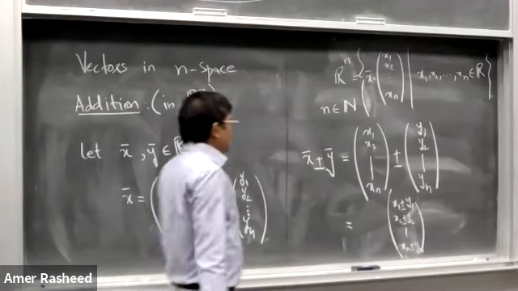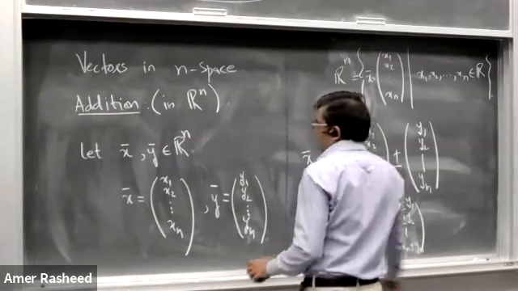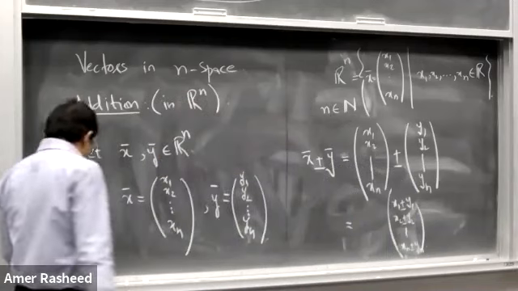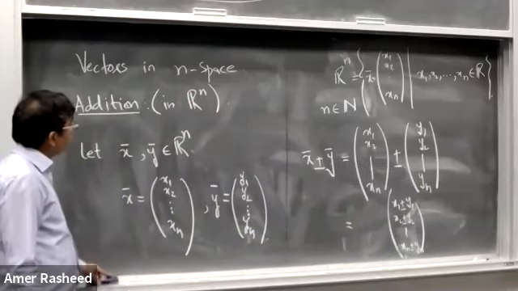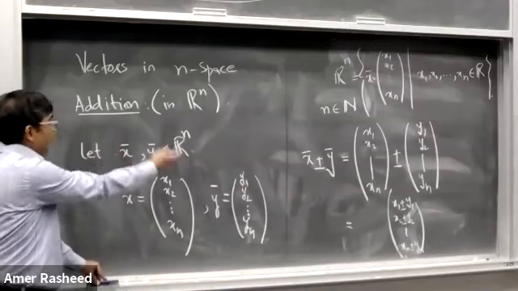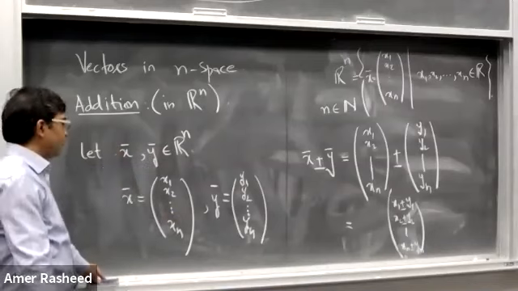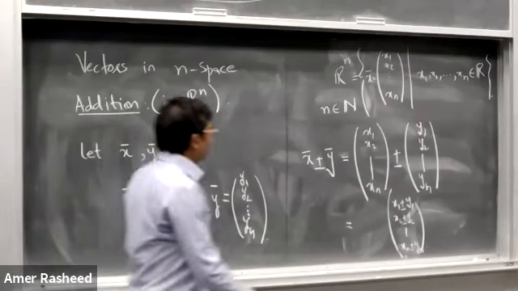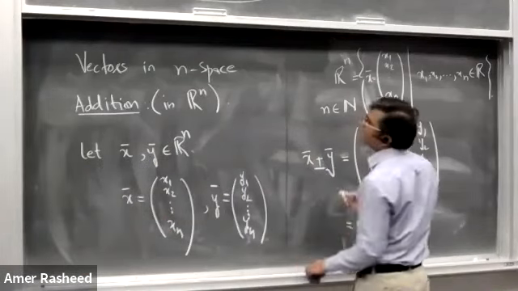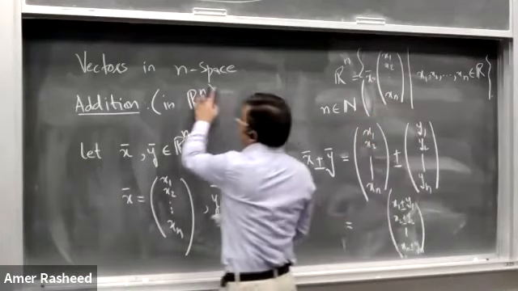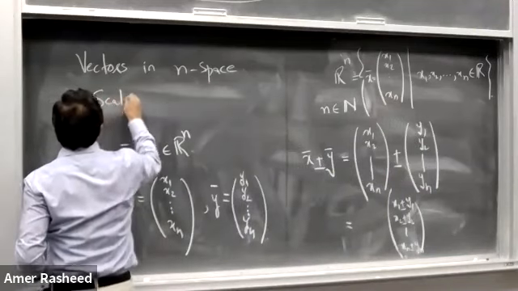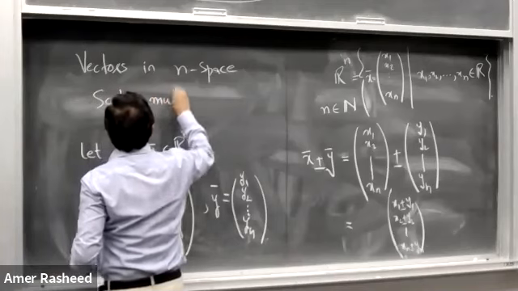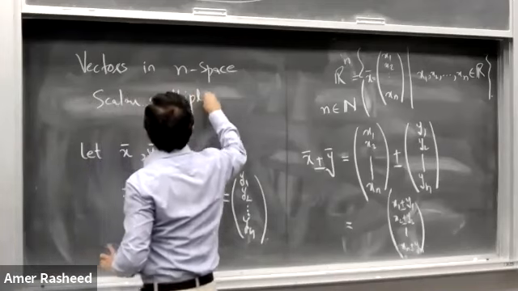Now, the second thing is how to multiply this vector, or any vector in Rn, with some scalar. That's the second thing which we need to discuss. Addition is defined in this way. Now scalar multiplication.